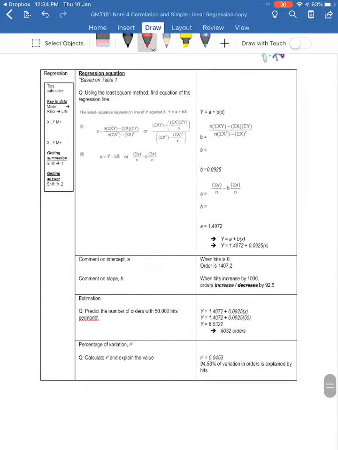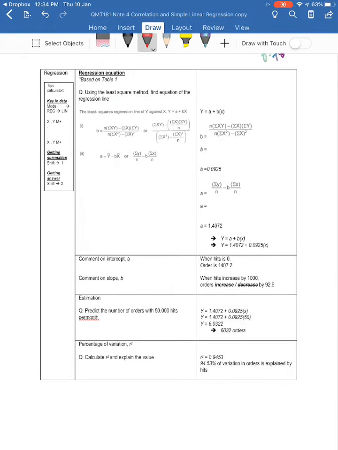Okay, and from the correlation, you will be asked for the regression equation, and formula will be given in the final exam question. Okay, again, you have the same data, the same summation, and getting answer from shift 2.